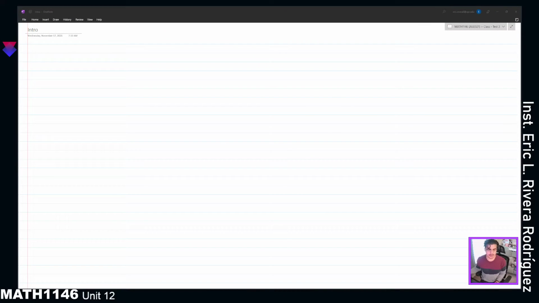Most important of today is to get all the properties to remember. We are going to be working with all those properties from exponential and logarithmic functions to solve equations that have both operations or both functions. So we're going to start with a recap of what we have studied on the previous two units, and then you are going to see how we are going to use the properties on the exercises.